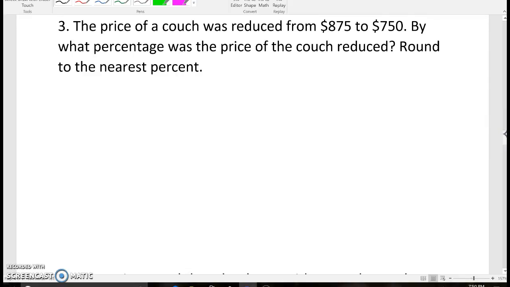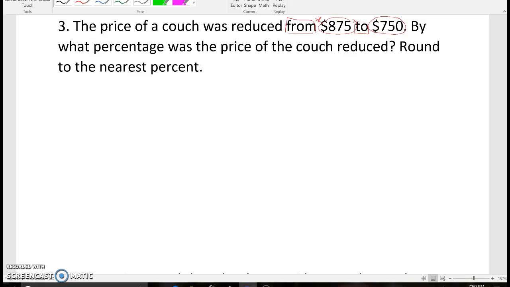Now we're going to move on to number 3. Okay, so number 3 says the price of a couch was reduced from $8.75 to $7.50. By what percentage was the price of the couch reduced? Round to the nearest percent. So from $8.75.